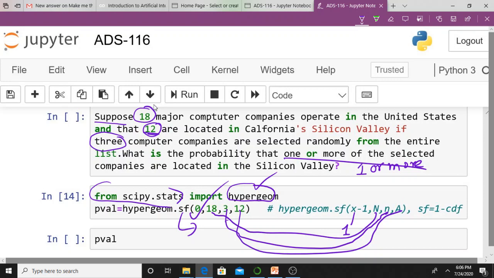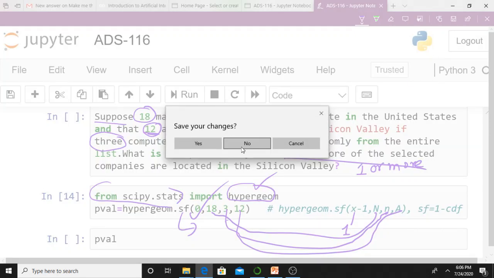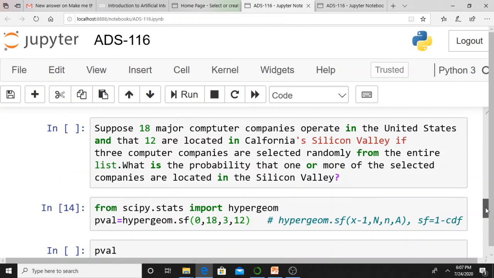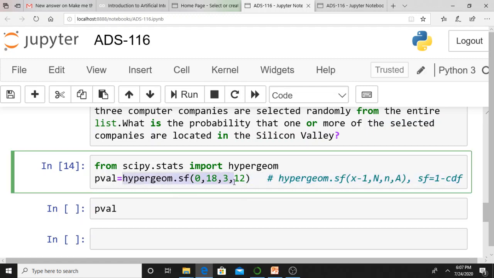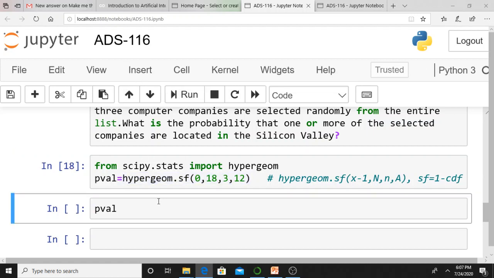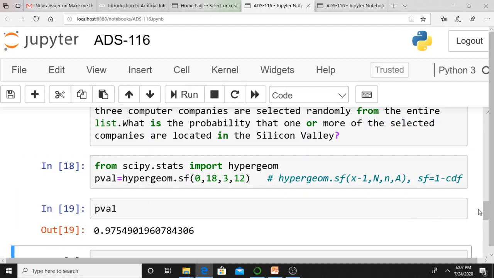Anyway, we will execute this sample code so that we can understand. Let me run this piece of code. Hypergeom.sf, the survival function, will get stored in pf. Let me print that pf value.